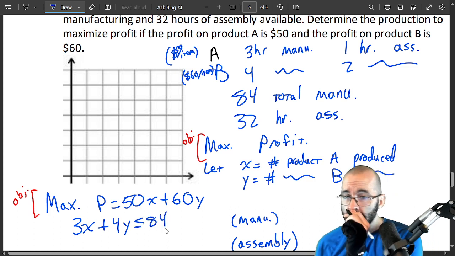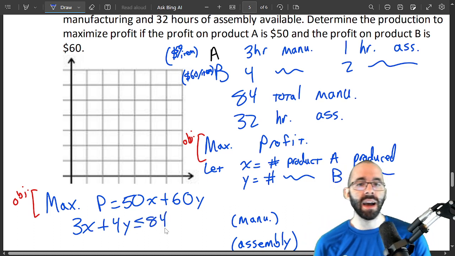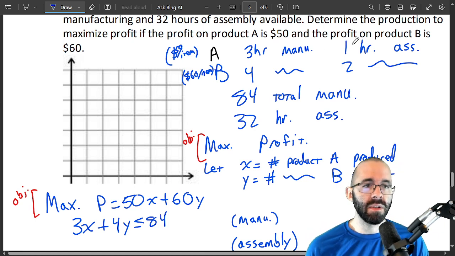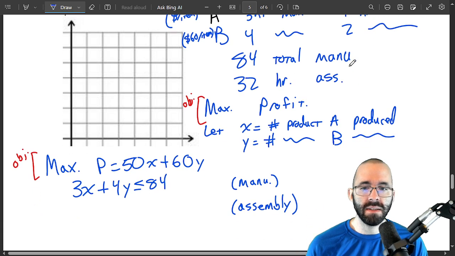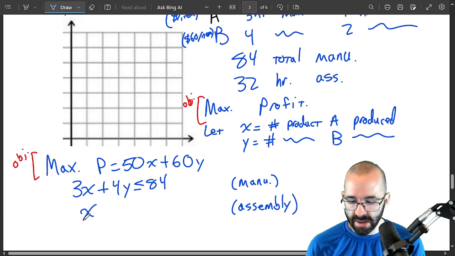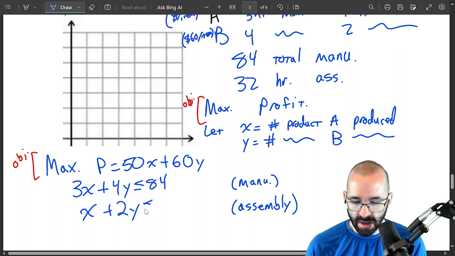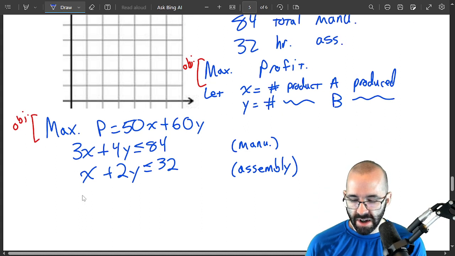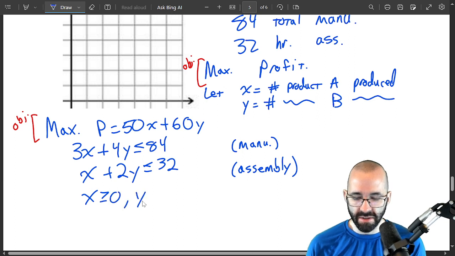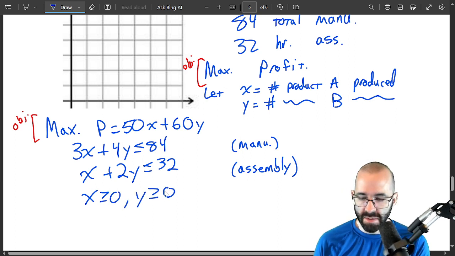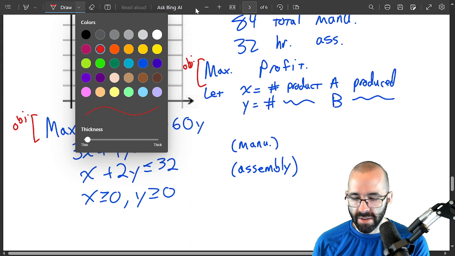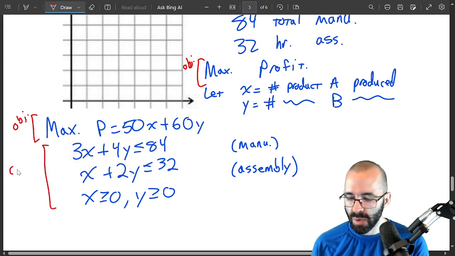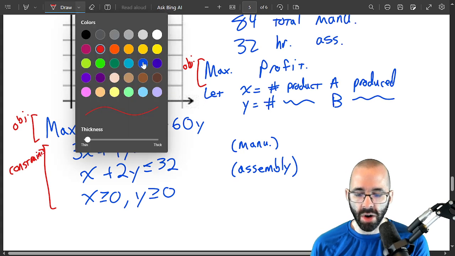We could use less than that, but we only have up to 84. Similarly, for assembly, A takes 1 hour and B takes 2. So 1x plus 2y, we only have 32 assembly hours total. And finally, we're not going to produce a negative number of these items. So we have our objective function. We have our constraints. We have our linear programming problem now.